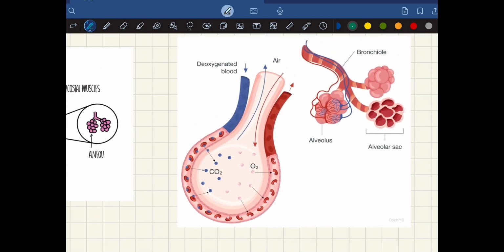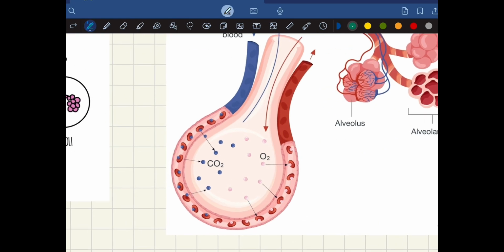This part is basically the diffusion part that I explained in the beginning. So this is your alveoli. This is your blood supply, which you just inhaled. So you have a higher concentration of oxygen here and a lower concentration over here, so your oxygen will move out.